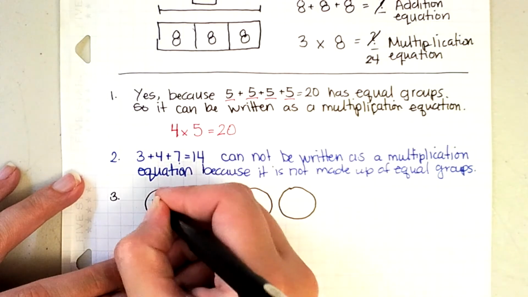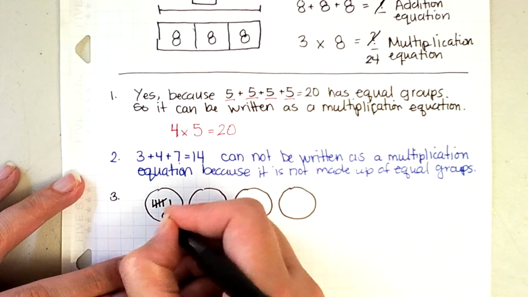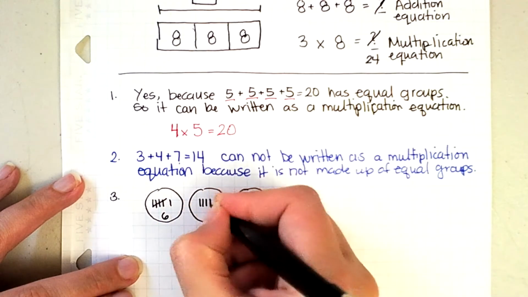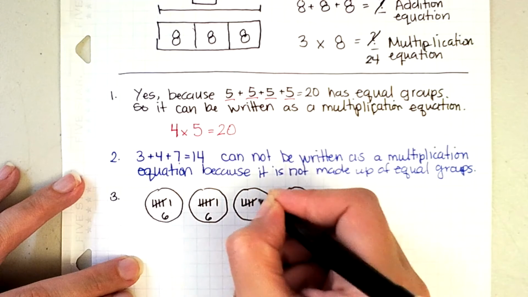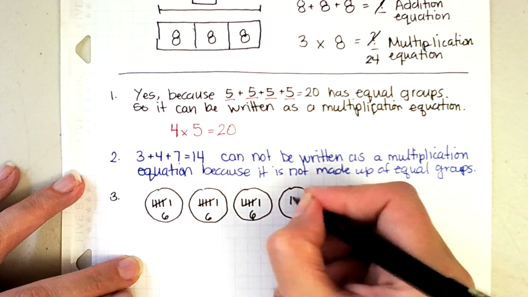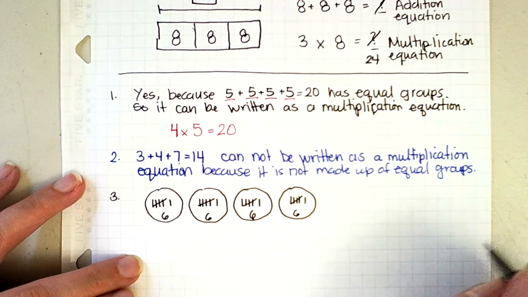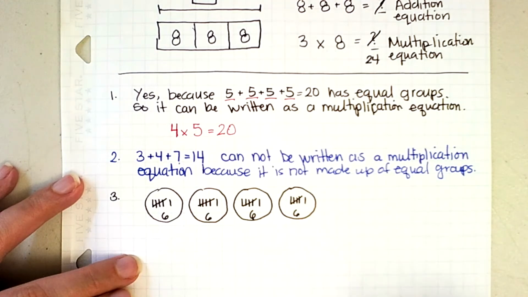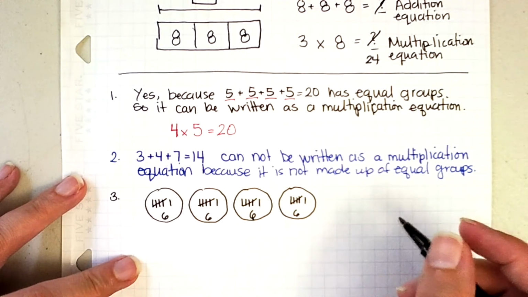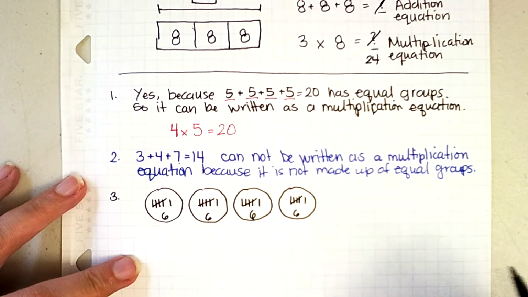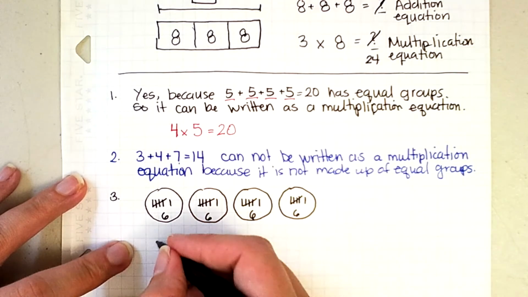So I can either do tally marks, 1, 2, 3, 4, 5, 6, or I can just write the number 6 in there. Now, if you don't have counters at home or anything that you can use like beads or coins, you can use tally marks. So it says, how many stones did Jesse buy? So over here, we can either draw it like that.